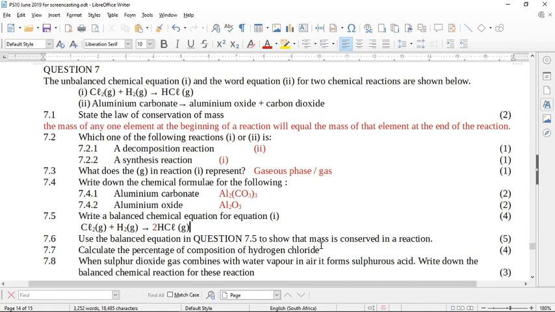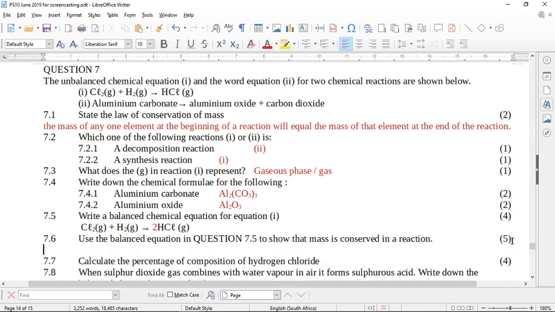Now it says use the balanced equation in 7.5 to show that mass is conserved in a reaction. The problem here is that it's this reaction shown in 7.5. Okay, we're going to take this reaction, but the memo has got this aluminium reaction. Okay, so let's do this here.